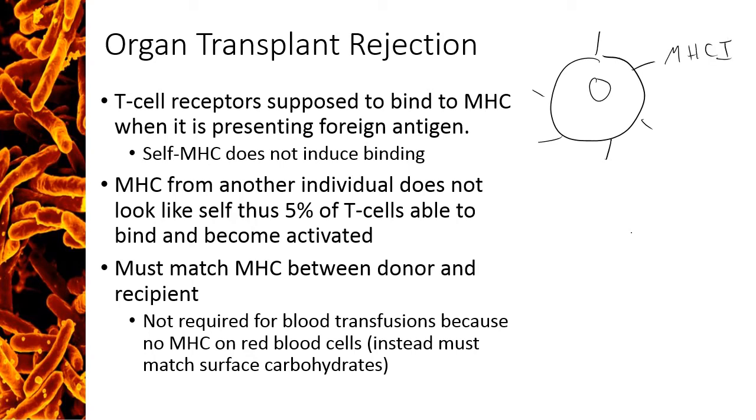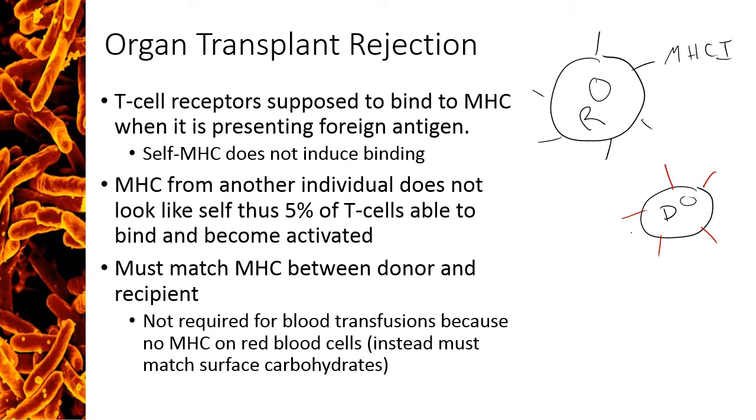And say this here is your recipient. So this is what all of the cells in the recipient look like. The organ that's coming from the donor, however, might have MHC1 on the surface that looks slightly different because the genes for the MHC have mutations in them. Your MHC molecules do not look exactly the same as someone next to you.